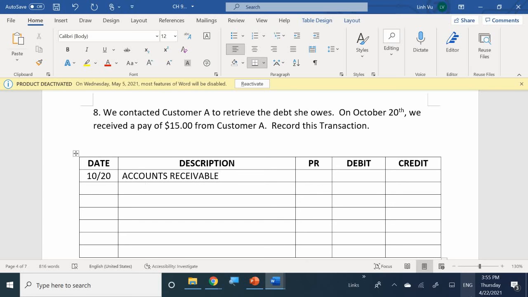For how much? $491.25. Good. So $491.25, and we're going to take this from the allowance for doubtful accounts.